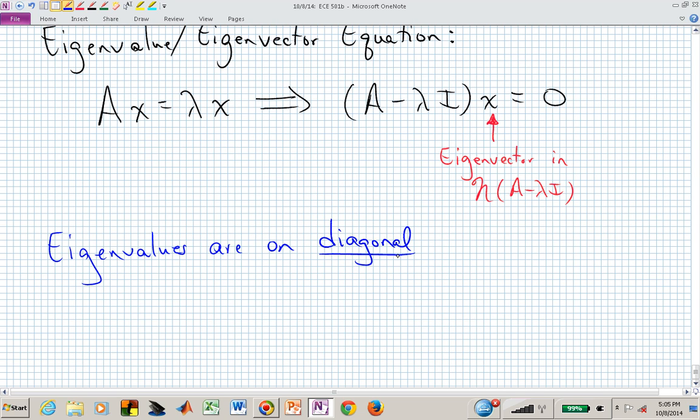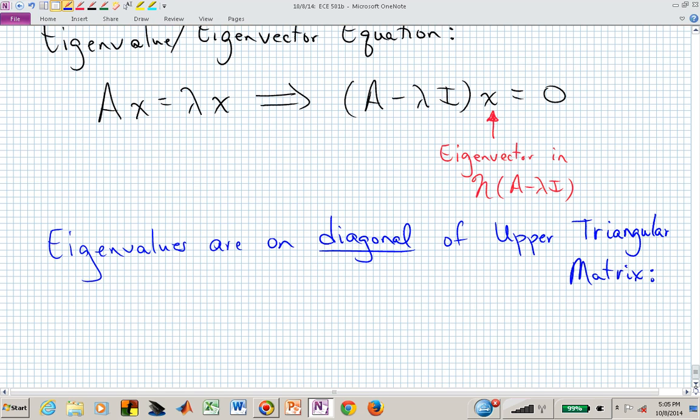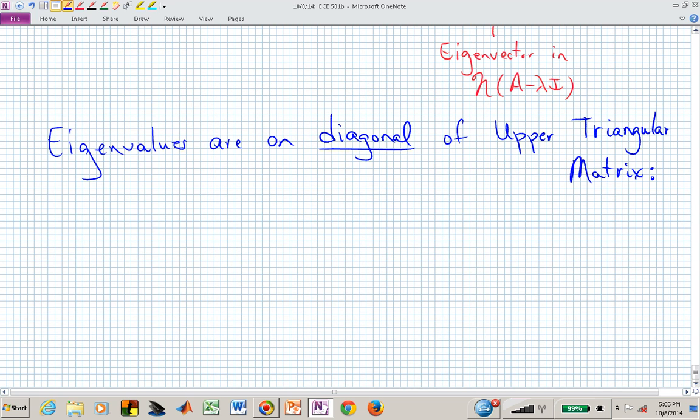Not only for an upper triangular matrix, but also a lower triangular matrix, or even a diagonal matrix, the eigenvalues are on the diagonal. But in this case, then, we have eigenvalues. Let's say lambda sub 1 is 2, lambda sub 2 is 4, and lambda sub 3 is 5.